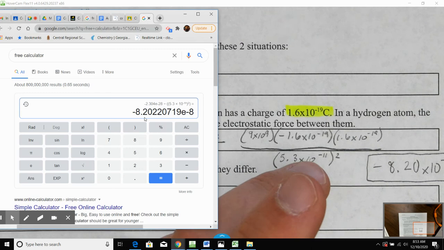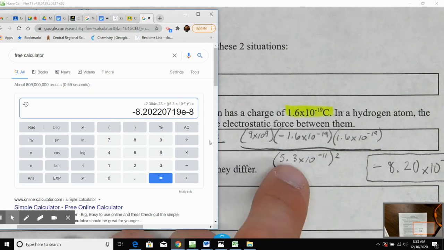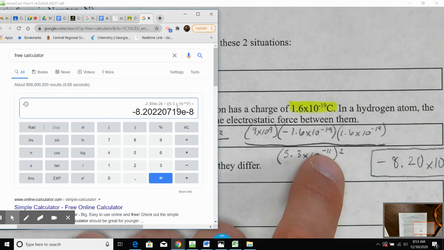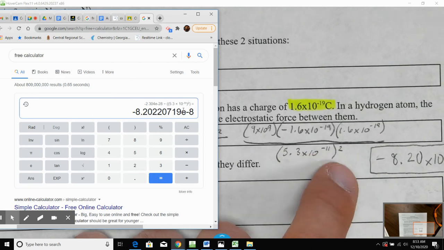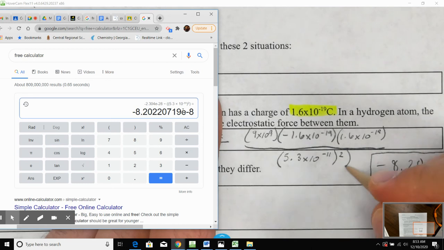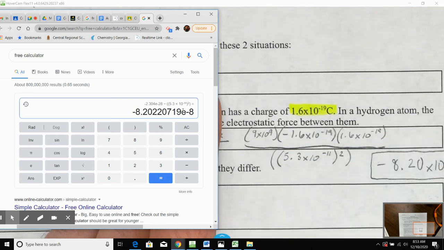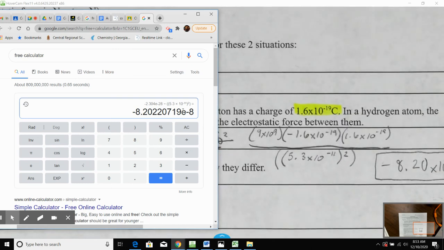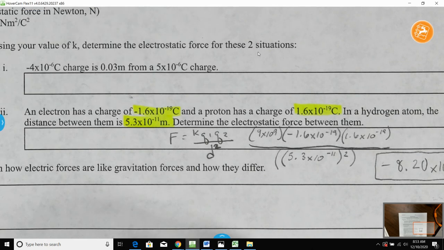So parenthesis, parenthesis, your distance with its exponent, close the first parenthesis, and then square it, close the second one. All right, and then you should get the right answer. But if this distance here doesn't have an exponent, you don't need to worry about that. You can just do 0.03 squared.